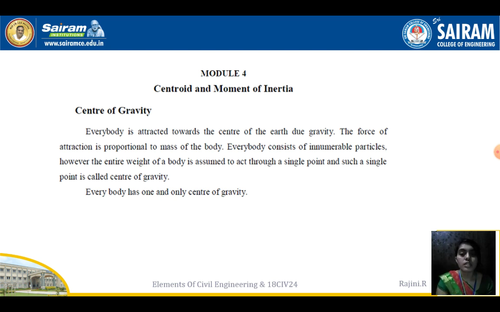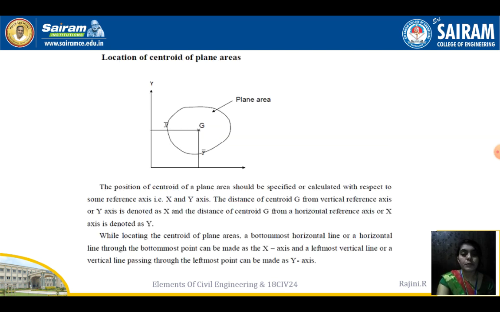That is our center of gravity. But the centroid is the concentrated point. For plane figures, the entire area of the plane figure will be concentrated at a single point. Center of gravity is where the whole weight of the body is attracted towards one point.